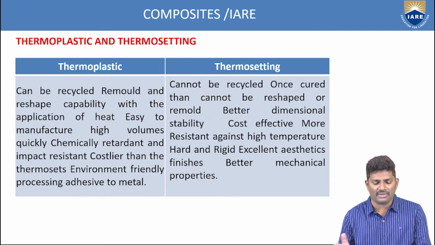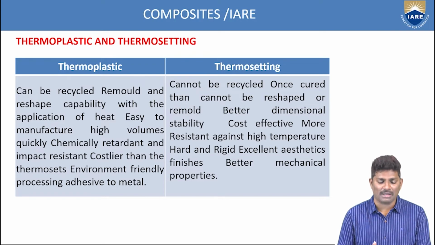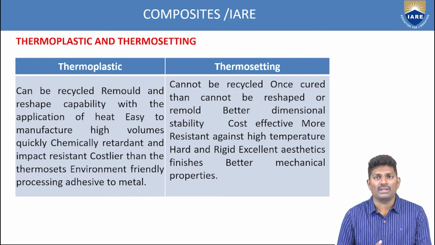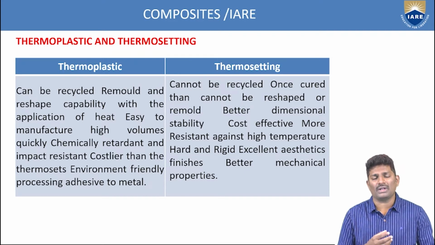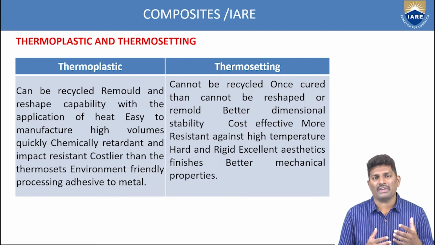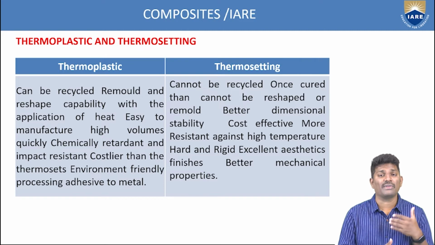And coming to another difference, these thermoplastics can be recycled, remolded, and reshaped with the application of heat, and they are easy to manufacture. Since the materials in the thermoplastics tend to be processed at elevated temperatures, whatever waste material we have can again be recycled.